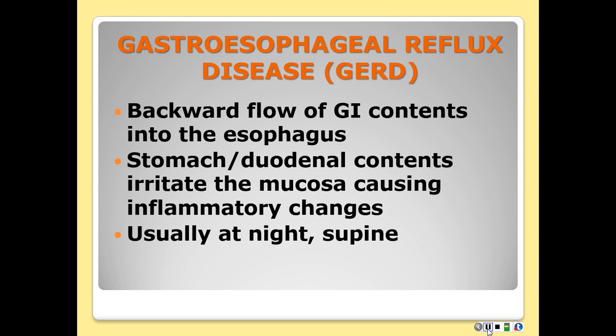The epithelium that it lays down is in a brick-like pattern, and if you ever hear somebody has Barrett's esophagus, that means it has this brick-like appearance from the constant scarring of the esophagus, and that patient is at higher risk for developing esophageal cancer. Usually people with GERD have it at night, when the patient is lying supine.